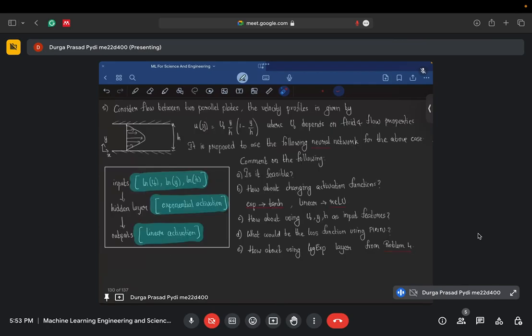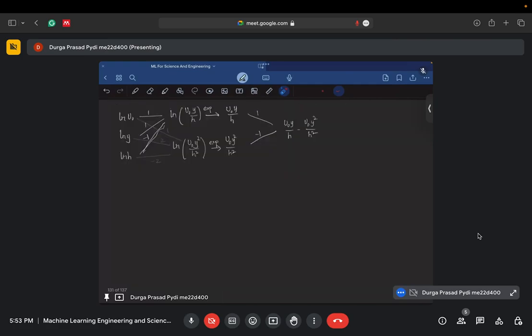Now let's say I want to change my activation from exponential to tanh. Do you think the same architecture will work, in the sense that this approach will work with the same inputs? All I am saying is I will replace this exponential with tanh. No, it doesn't. Okay, why not?